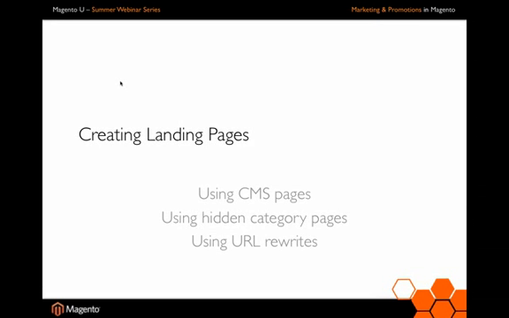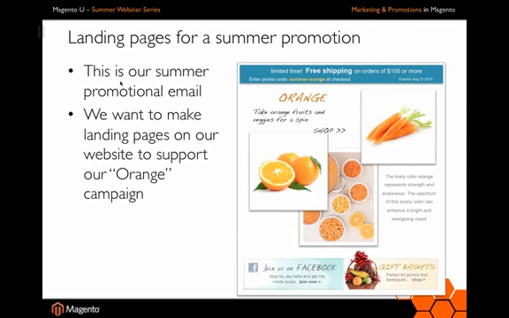You can create a CMS page for a particular promotion as well to act as a landing page. You can also use hidden category pages, and we can also use URL rewrites in some cases to create a simplified URL, and a lot of times merchants will do this to create a pseudo landing page for things. So let's look at a couple examples of what that might look like without necessarily having to build them all out at this point.